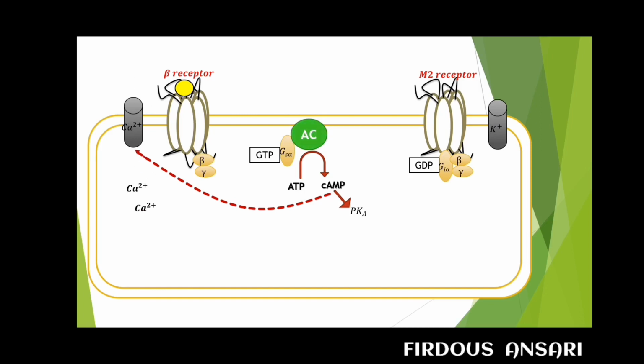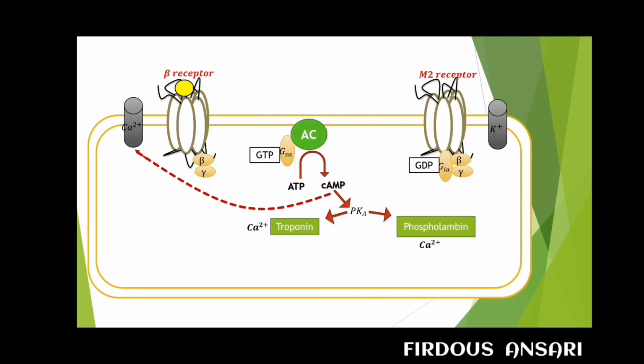Next, this PKA will phosphorylate many functional proteins including troponin and phospholamban, so that they interact with the calcium.